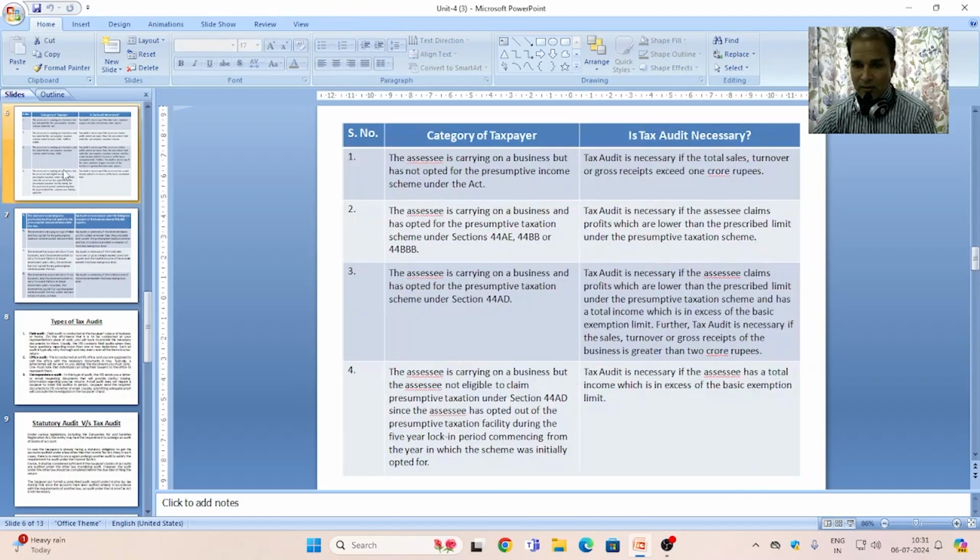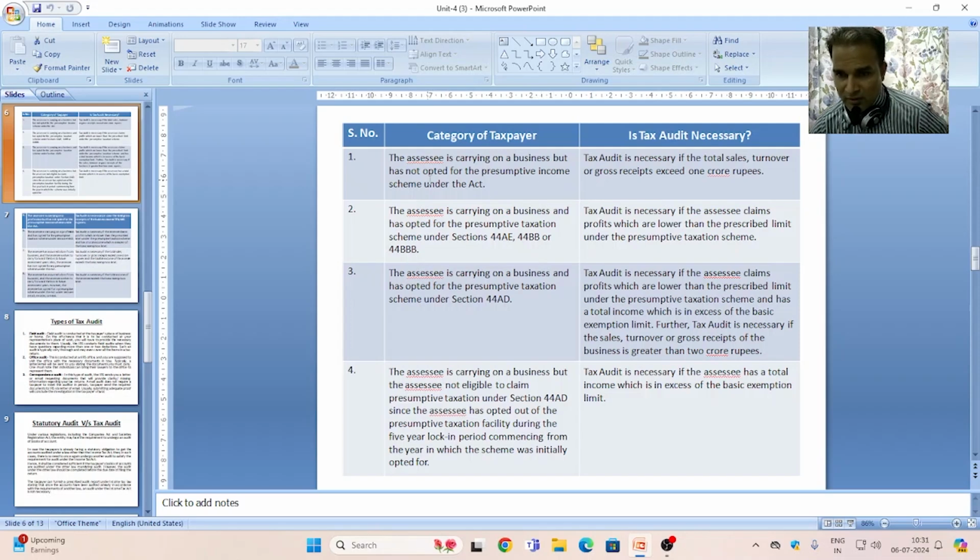So all these categories of taxpayer and the applicability of compulsory tax audit are categorized in the 8 points: 1, 2, 3, 4, 5, 6, 7, 8. And each category of taxpayer is regarding business, profession, and business with loss.